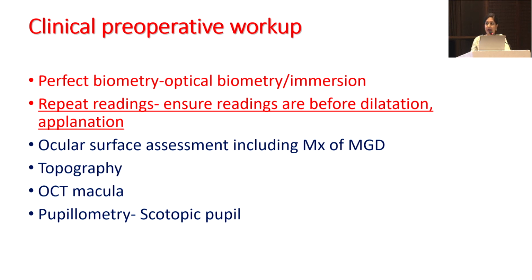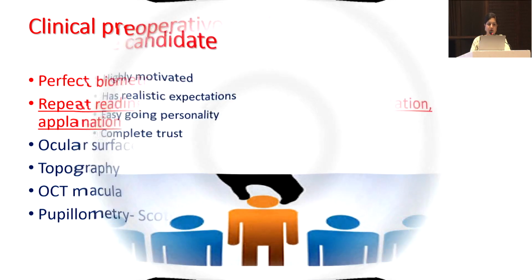In our practice, we make it a policy to repeat readings at least twice, so that you ensure that these readings are repeatable. Also look at the ocular surface topography, especially if you are planning a toric multifocal, and OCT macula, and also look at the scotopic pupil.